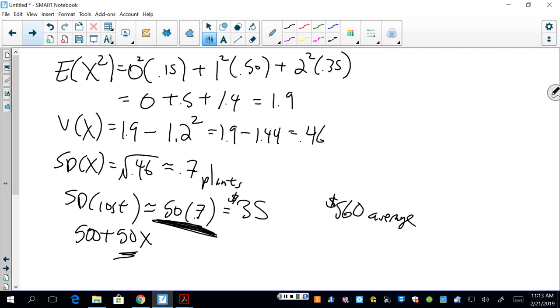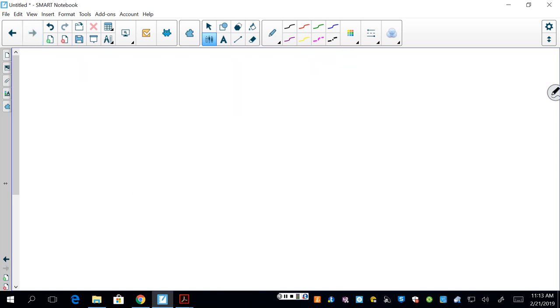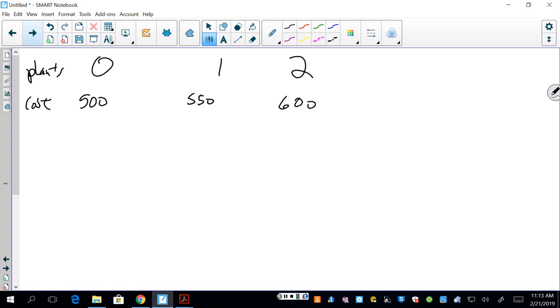These formulas are shortcuts, right? So if you did explicitly take the 0, 1, 2 plants, the number of plants, and then you did cost. This one's going to cost 500. This one's going to cost 550 because that's one plant. This one's going to cost 600. And so these are the probabilities here.